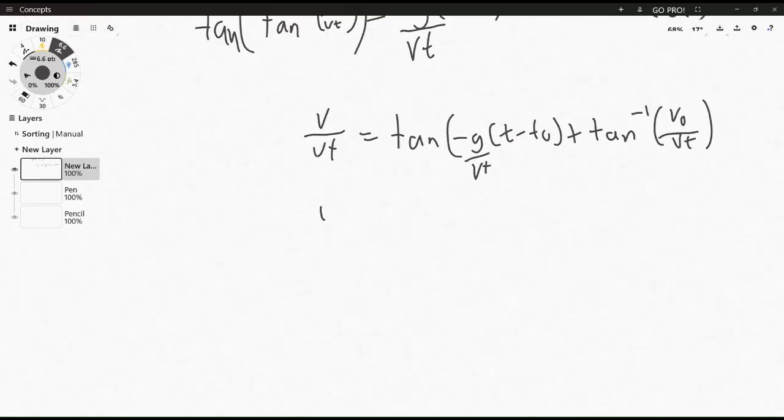And then I'm just going to solve for velocity, so it's going to be v equals vt times all that, so tan of negative g over vt.